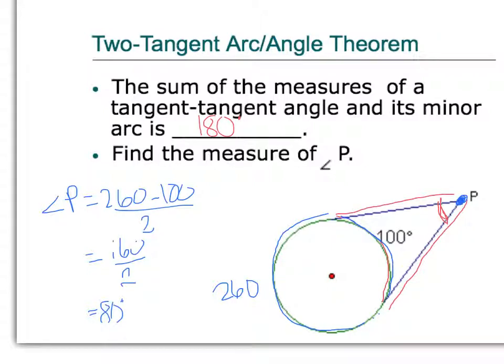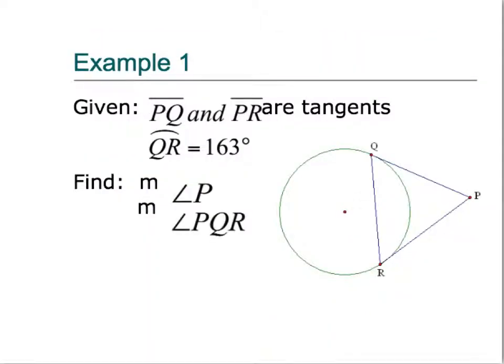So are there two ways to find angle P? Absolutely. Yesterday, we subtracted the minor arc from the major arc and divided by 2. And today, I'm introducing a theorem that says the sum of the external angle and its minor arc is 180 degrees. In other words, they're supplementary to each other. Let's put that theorem to good use now.